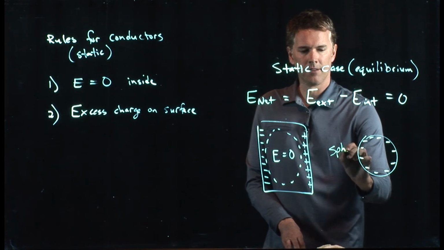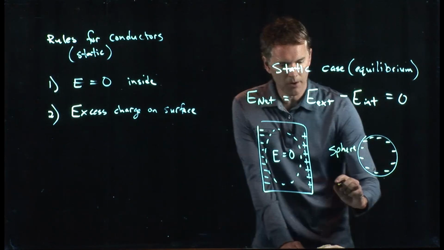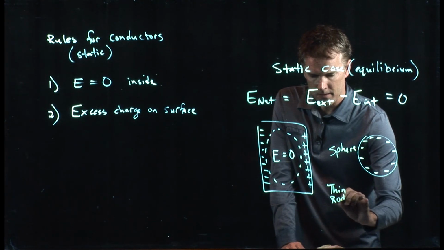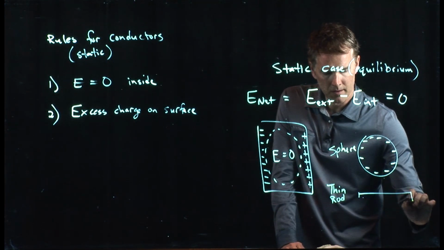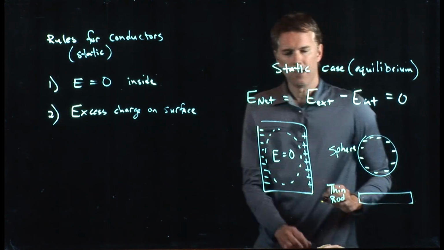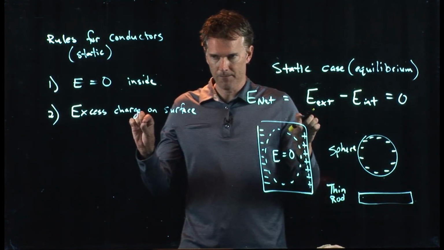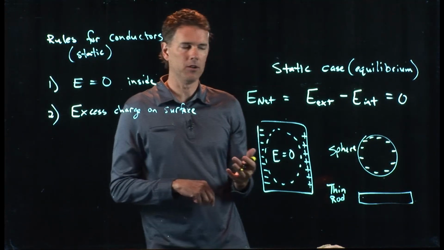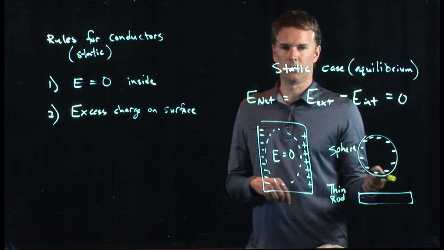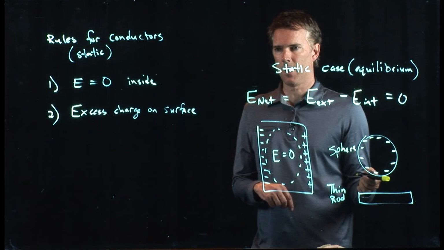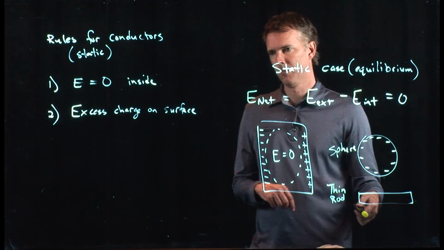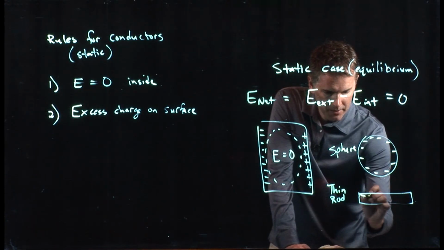If it's a thin rod, it's a little more interesting. If I have a thin metal rod and I drag it across the carpet, and then I ask you, where are the electrons on that rod? They are no longer uniformly distributed. They are bunched up around the ends.